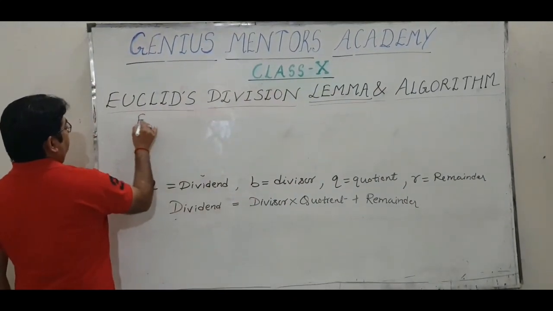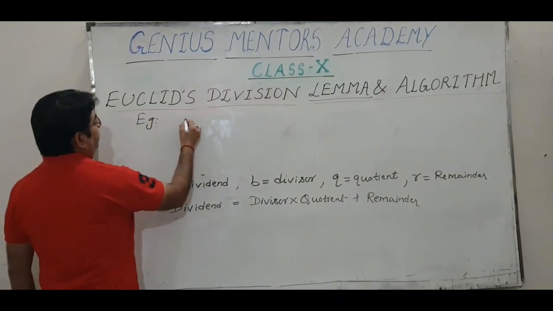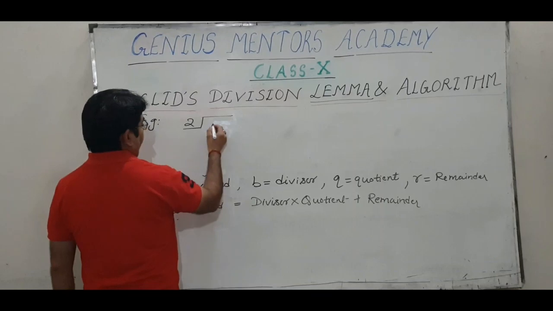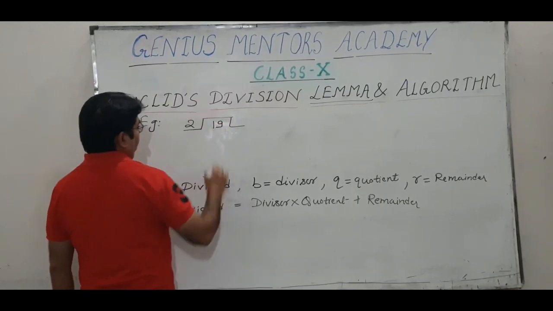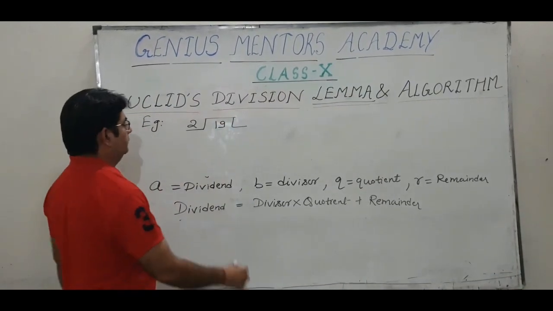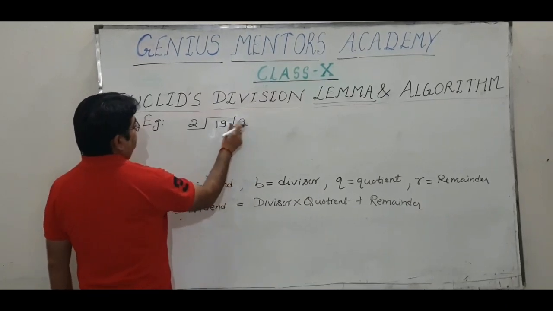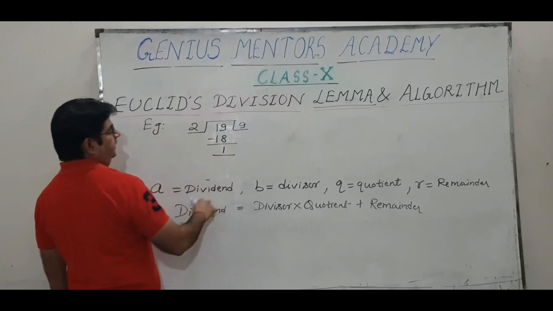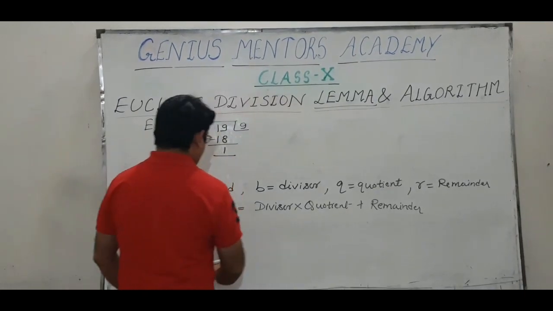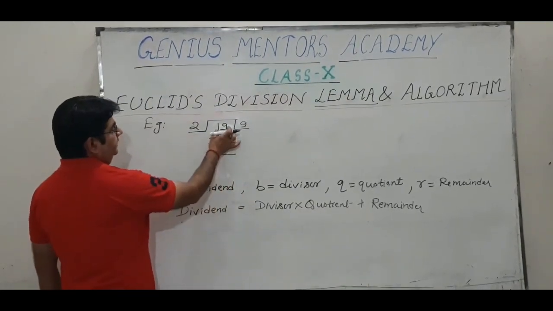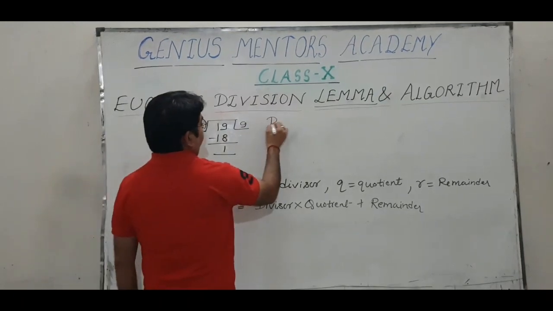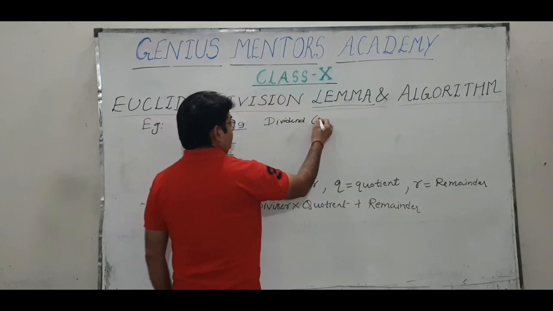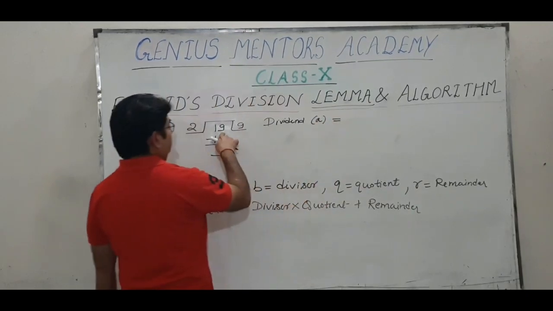For example, if you divide 19 by 2, 2 9s are 18, remainder is 1. Okay, dividend a is 19.